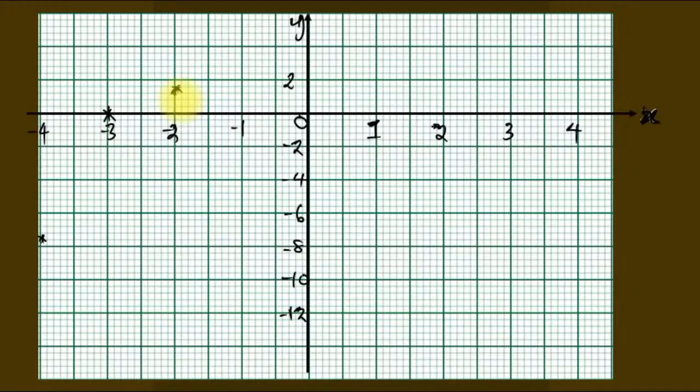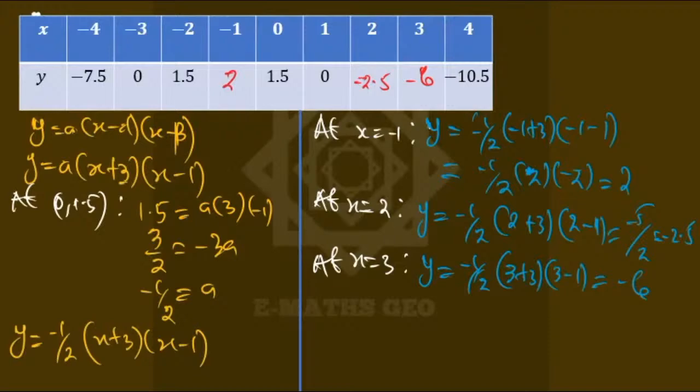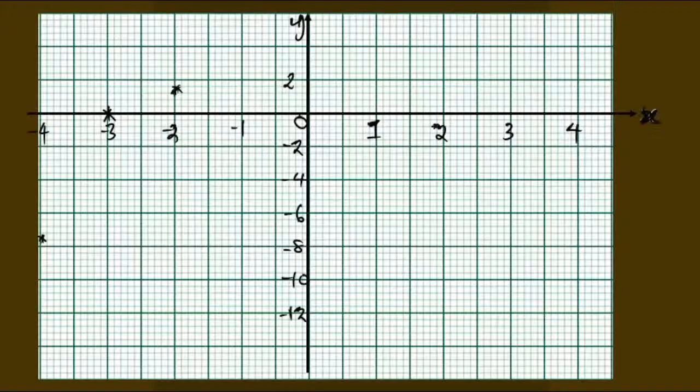So that's when x is minus 2, y is now 1 point. So this one is 0. Okay, 1 minus 1, 2. Minus 1, 2, so it should be here. It's same, minus 1, 2.